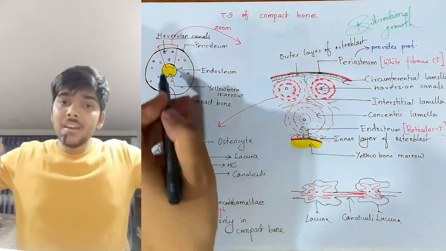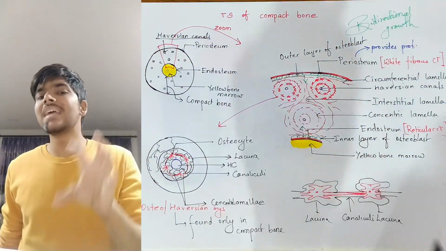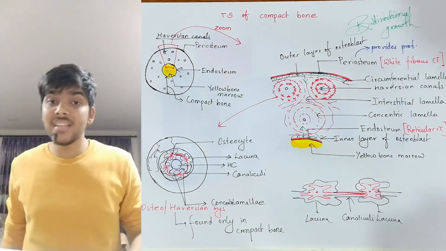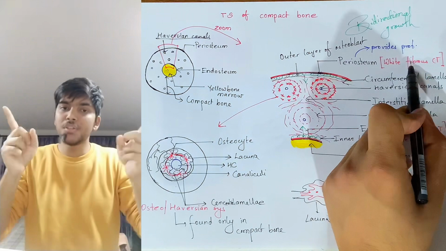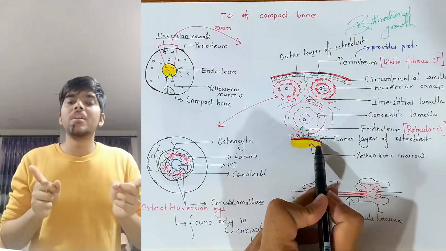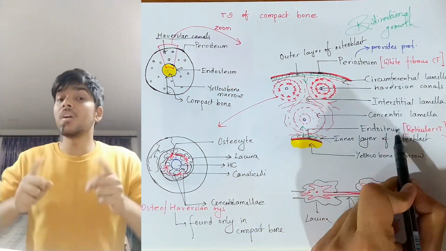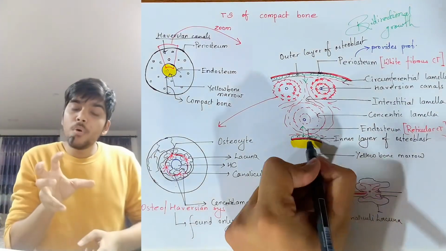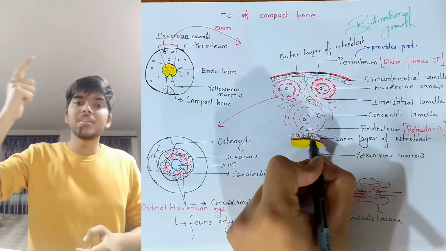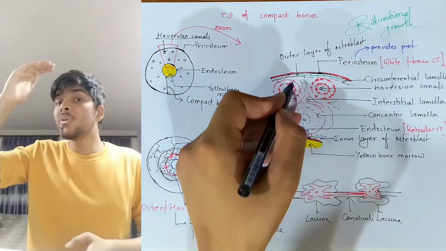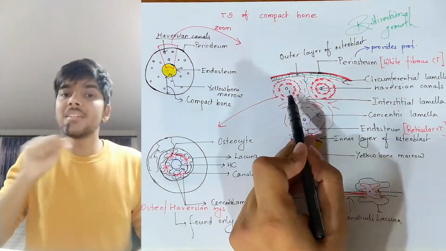Let's zoom in into a small slice of this compact bone. You see something like this. There's the outer protective covering or periosteum, which is made up of white fibrous connective tissue. There's the inner layer called endosteum, which is made up of reticular connective tissue. Then there's your yellow bone marrow, which is encircled by endosteum. In between periosteum and endosteum, there's your compact bone, which consists of haversian canals.